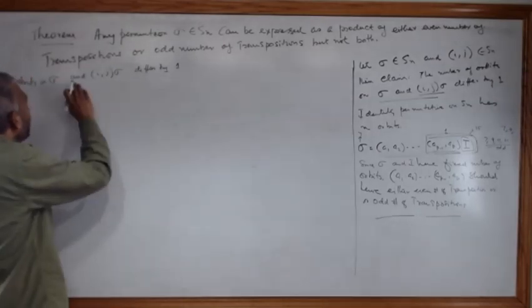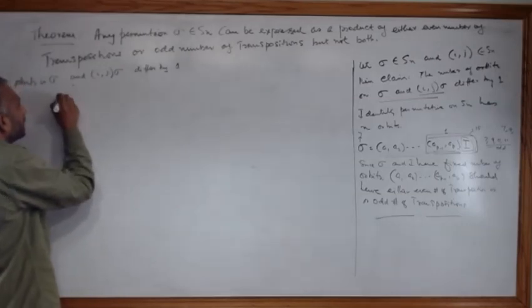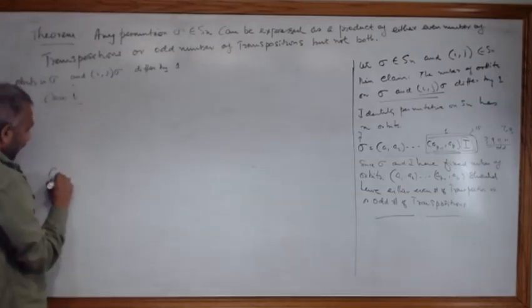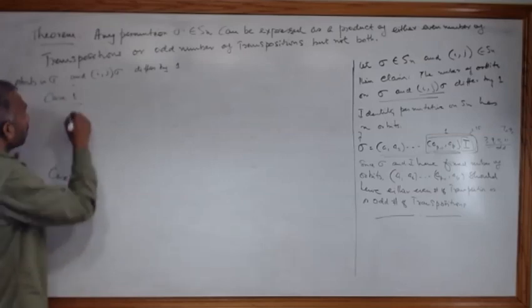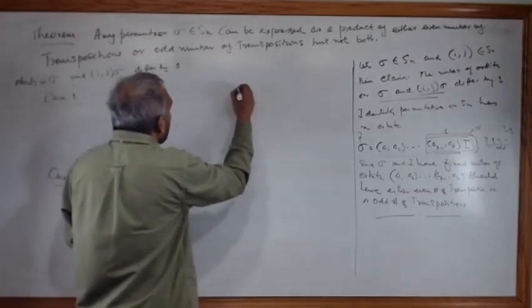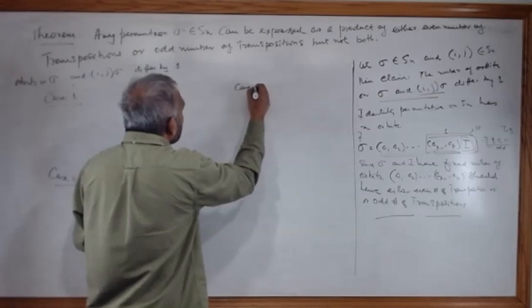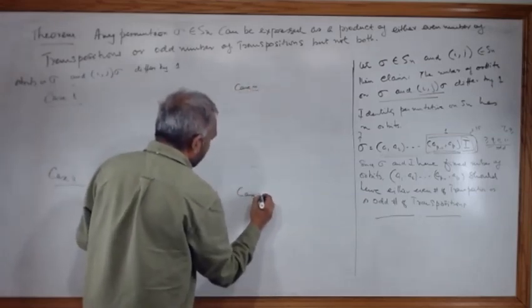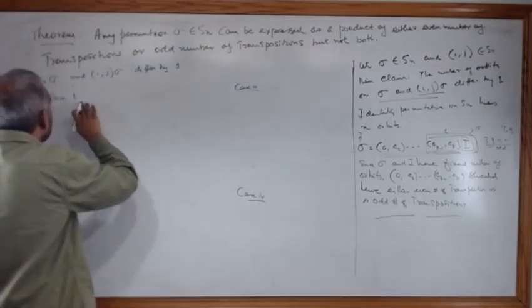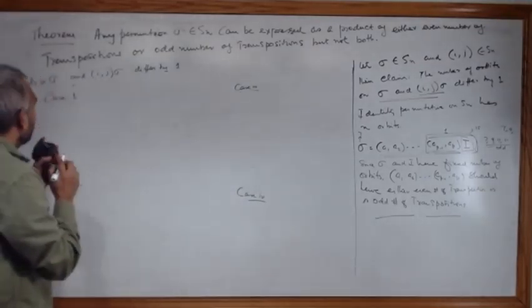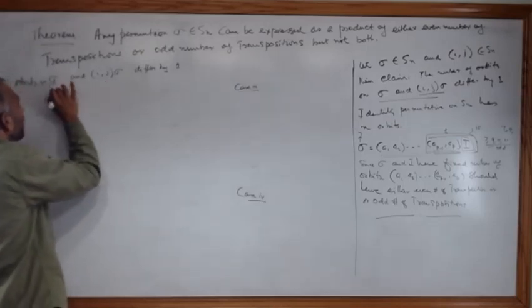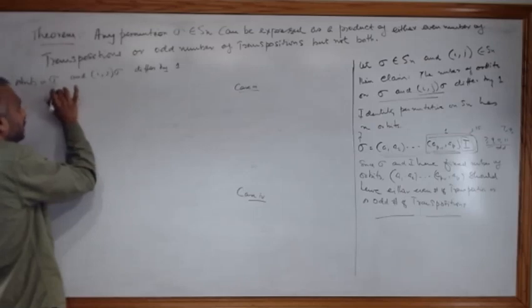So what we will do is, there are 4 cases here. Case 1, case 2, case 3 and case 4. The first case is, this sigma can be expressed as a product of disjoint cycles.